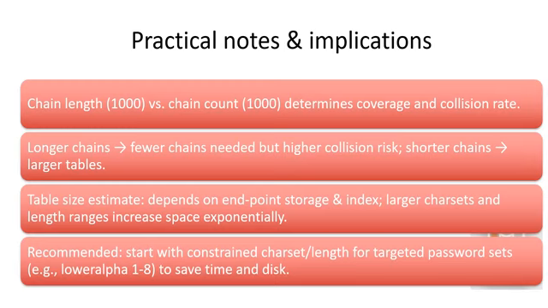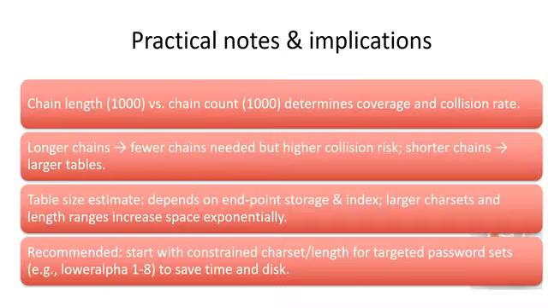So here's another going into a little bit more detail about chain length and chain count. It determines coverage and collision rate. The longer the chains, the fewer chains needed, but higher collision risk, and shorter chains mean larger tables. So it just depends on which way you want to go with it. And then table size estimate depends on endpoint storage and index.